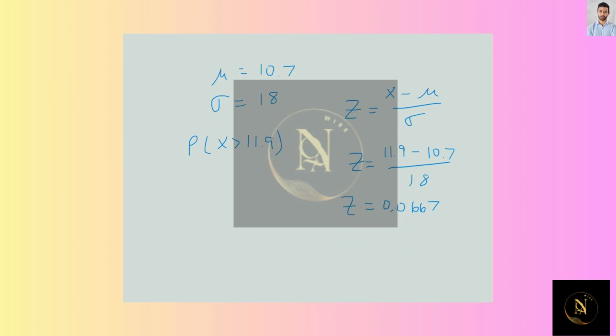And then we find the probability corresponding to that z-score, because essentially the probability that x is greater than 11.9 is the same as the probability that z is greater than 0.0667.